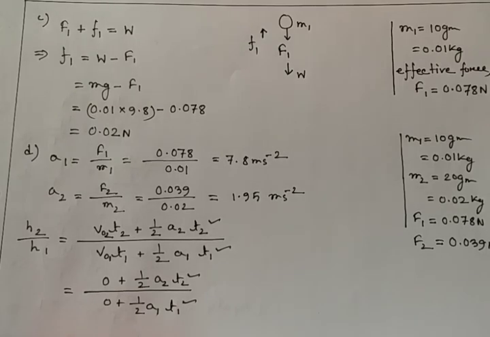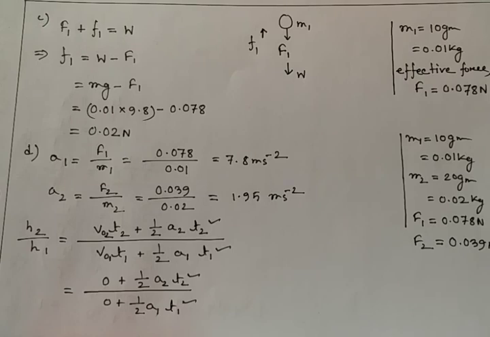So for the second object, if the height is h2, then h2 equals v02 t2 plus half a2 t2 square, where v02 is the initial velocity, t2 is the time taken by the second object for falling to the ground, and a2 is the acceleration. And we write h1 equals v01 t1 plus half a1 t1 square, where v01 is the initial velocity of the first object.